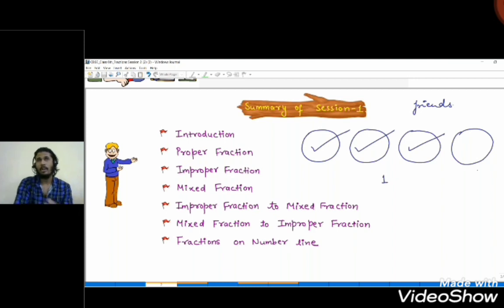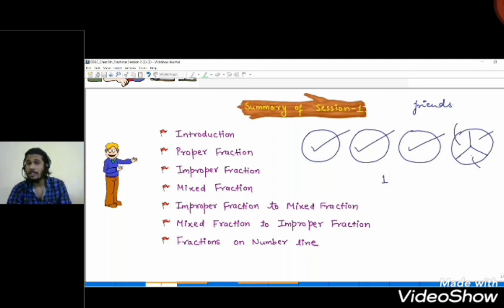Now they were left with 1 more cake, so towards the end they decided to divide the finally left cake into 3 equal pieces, 1, 2 and 3.